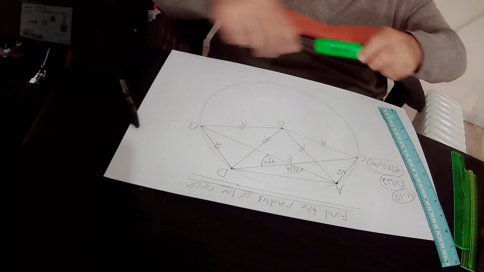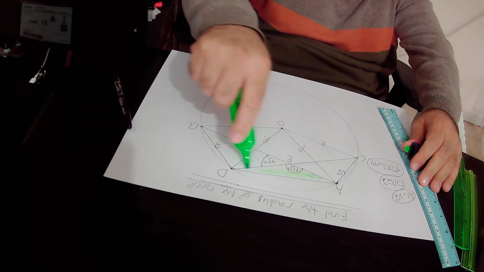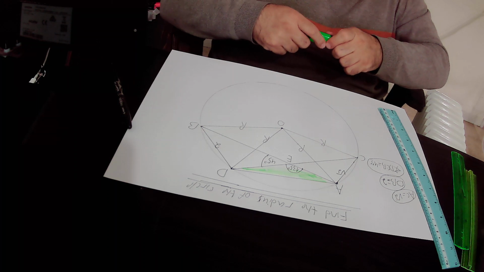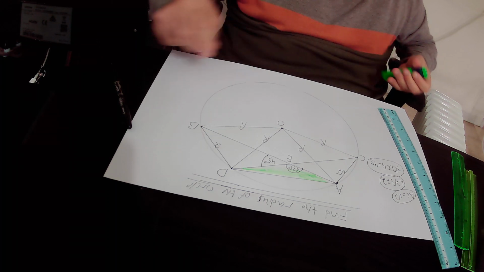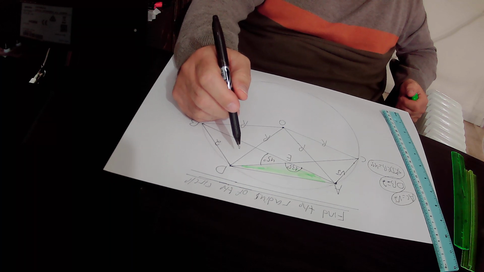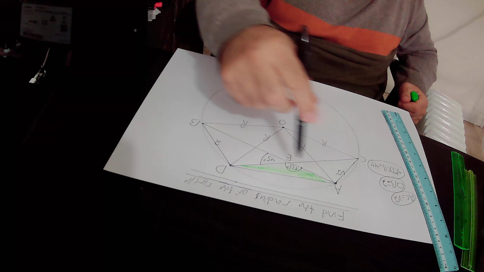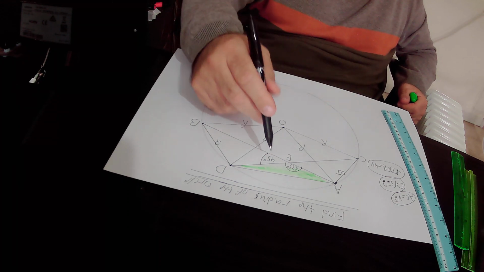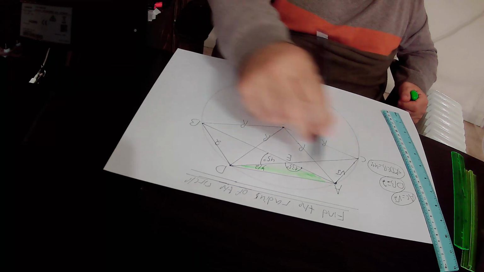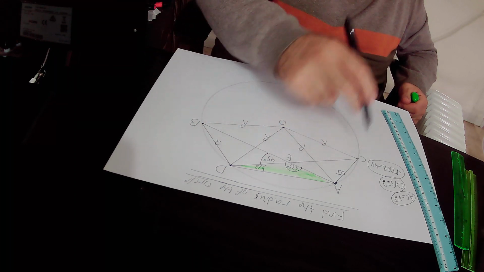So in the next step we will focus on the green triangle, triangle AED. But before that, we will define peripheral angle ADC as y over 2. This peripheral angle ADC rests on chord AC.